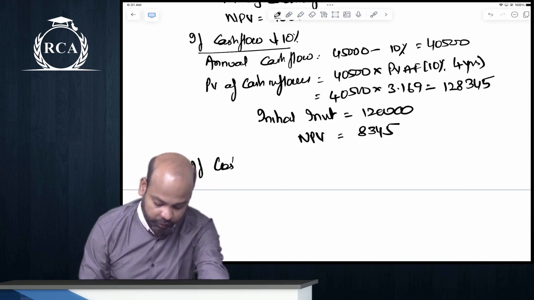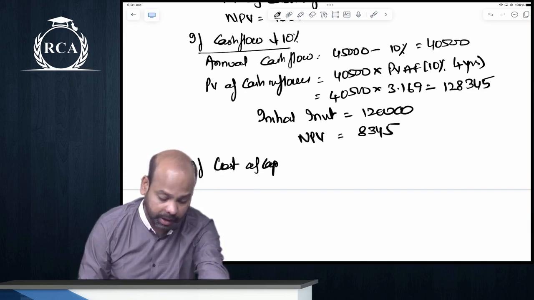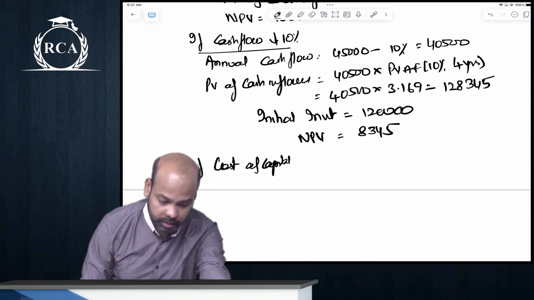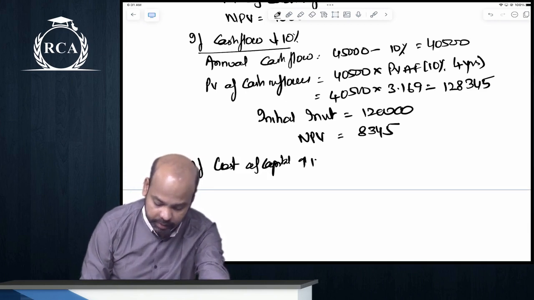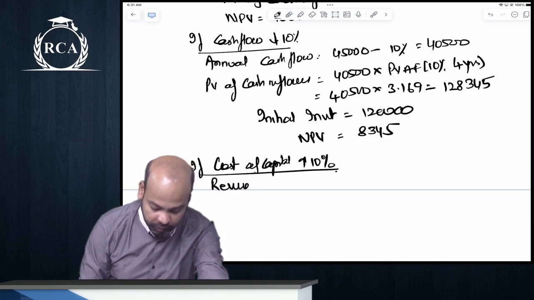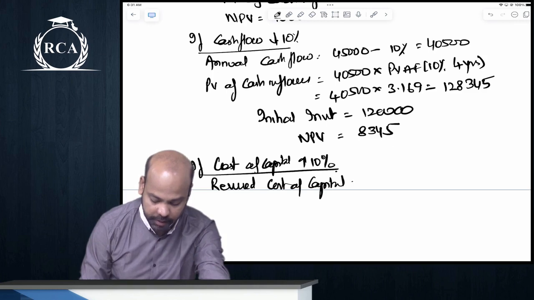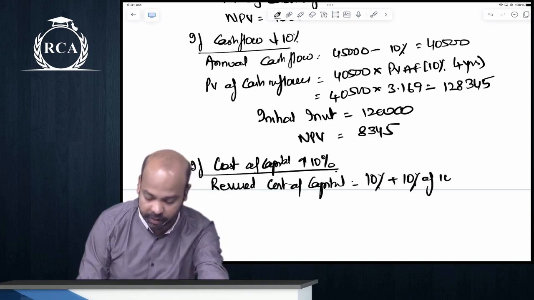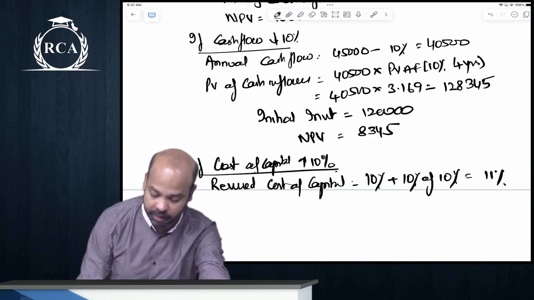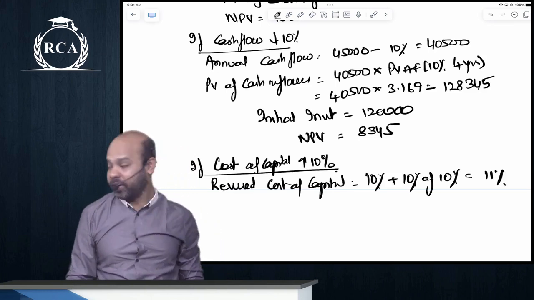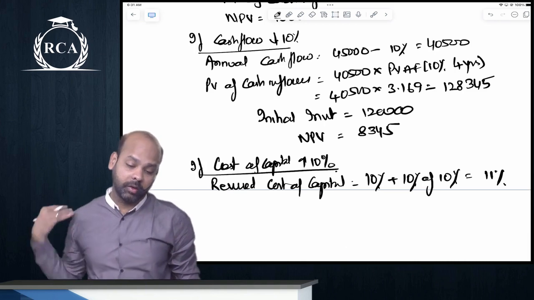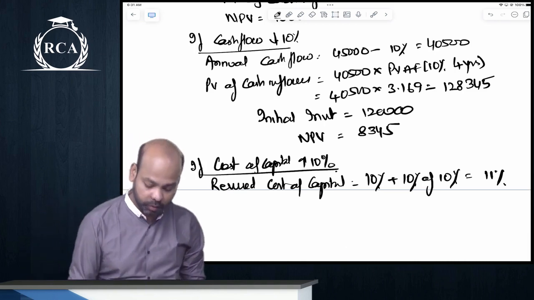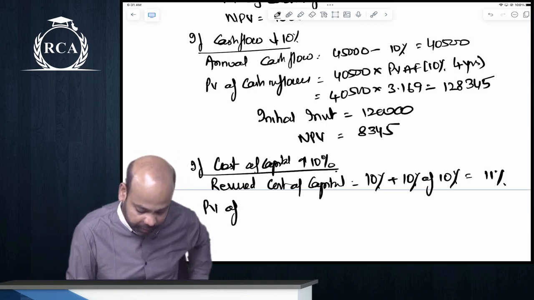And what if your cost of capital, guys? Adverse impact means what will you do to the cost of capital? Increase it by 10%. Therefore, revised cost of capital, beta, will be 10% plus 10% of the existing value, which is 11%. At 11% also, beta, they gave us the present value annuity factor in the question, guys. So what will be your present value of cash inflows?